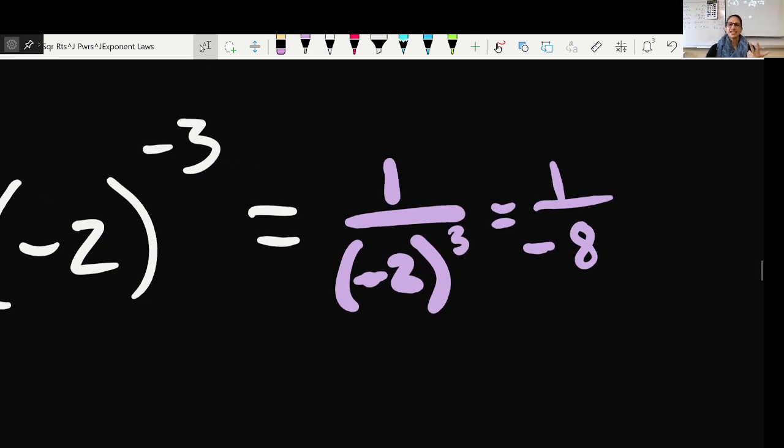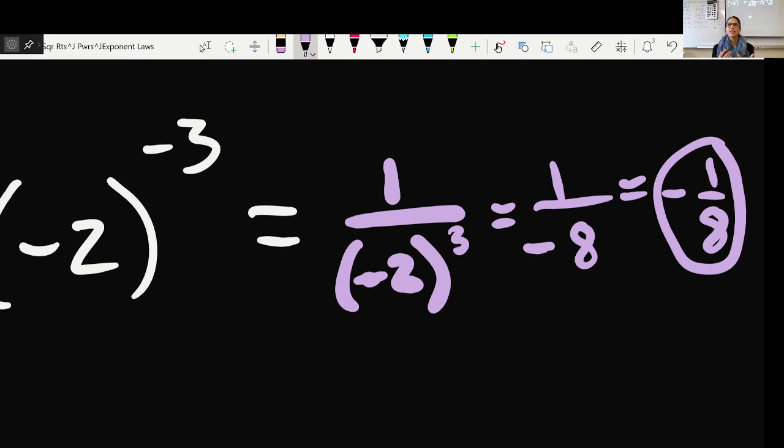Do you see that that's the same thing as saying negative 1 over 8? Or even if I put the negative at the top, they all mean the same thing. But the key is you only want the negative at one spot, in one place. Questions? We're okay with this so far? Good?